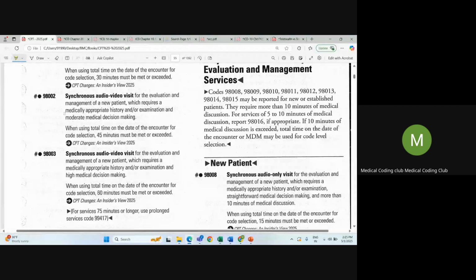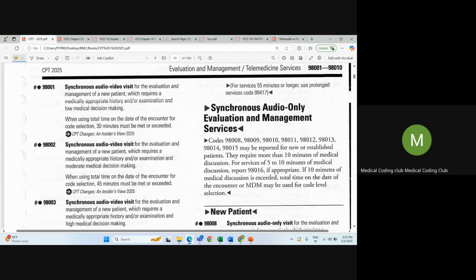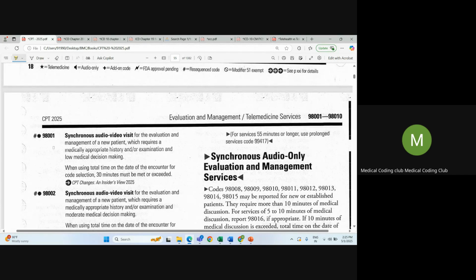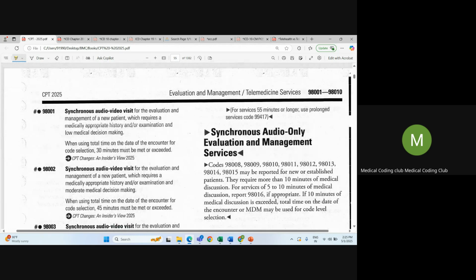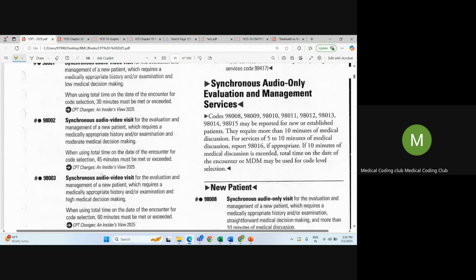So there are all the updated 2025 codes. Even though it is the 98 series, these codes are out of numerical order in the medicine section. So previously it was in the medicine section. From medicine, they have shifted these CPT codes to the E/M chapter.